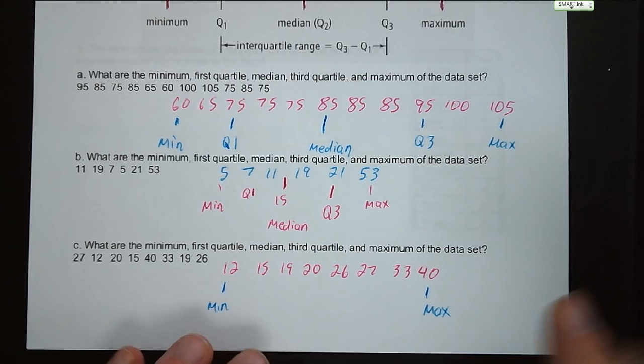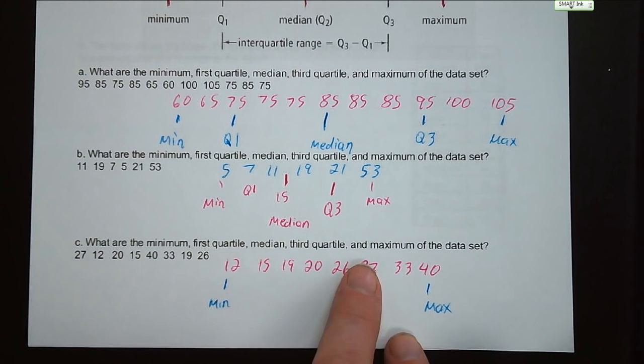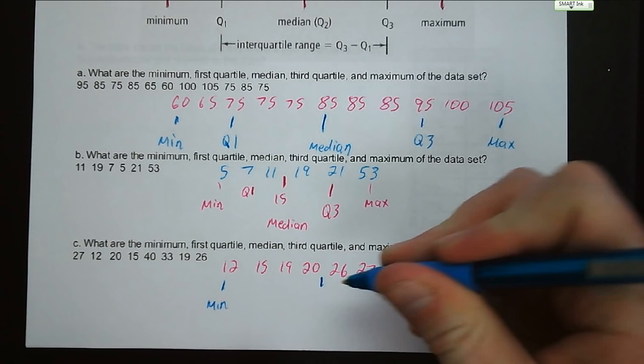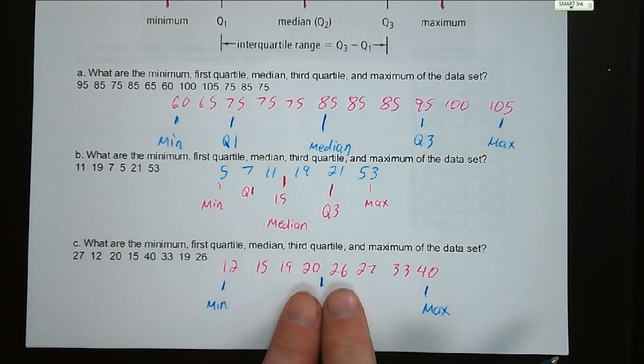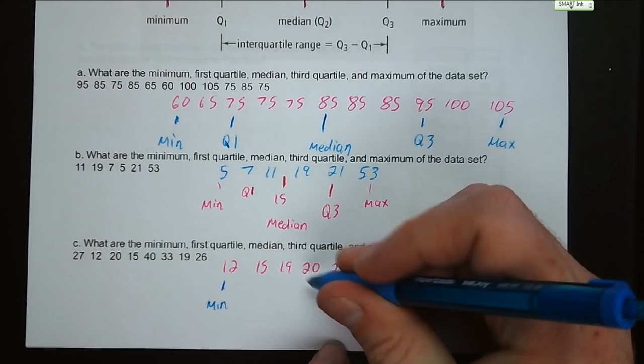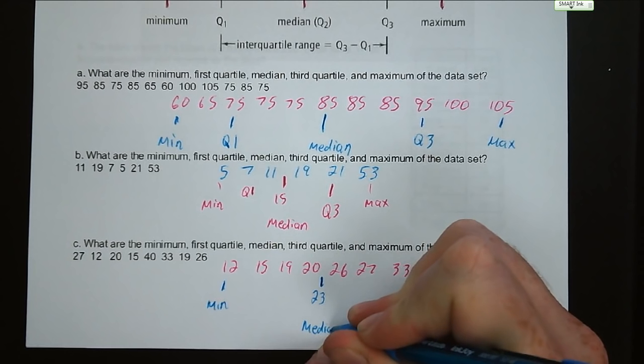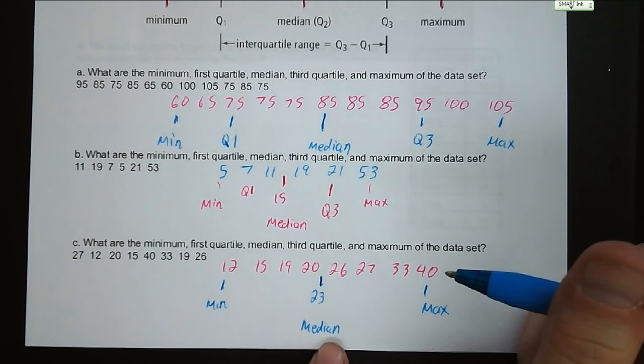We have 1, 2, 3, 4, 5, 6, 7, 8 data points, so our median is going to be in between two numbers here. So 20 plus 26 is 46, divided by 2 is 23. So our median is 23.